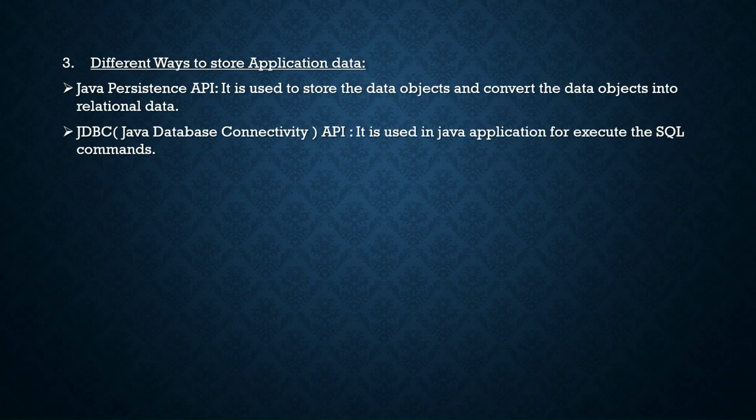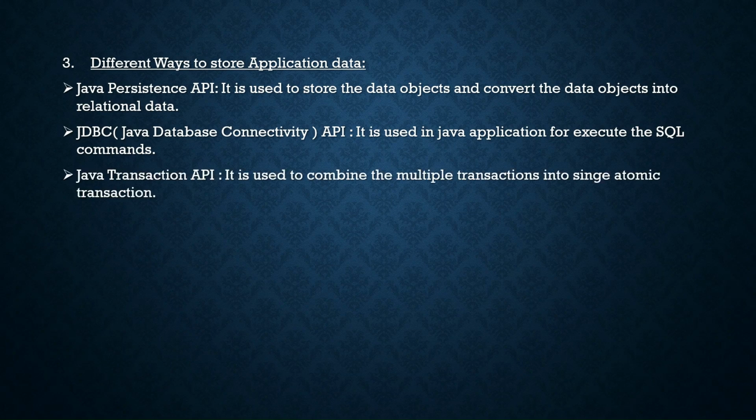It is used in Java applications to execute the SQL commands. Java Transaction API. It is used to combine multiple transactions into a single atomic transaction. For example, ATM machines, money transfer, like that.